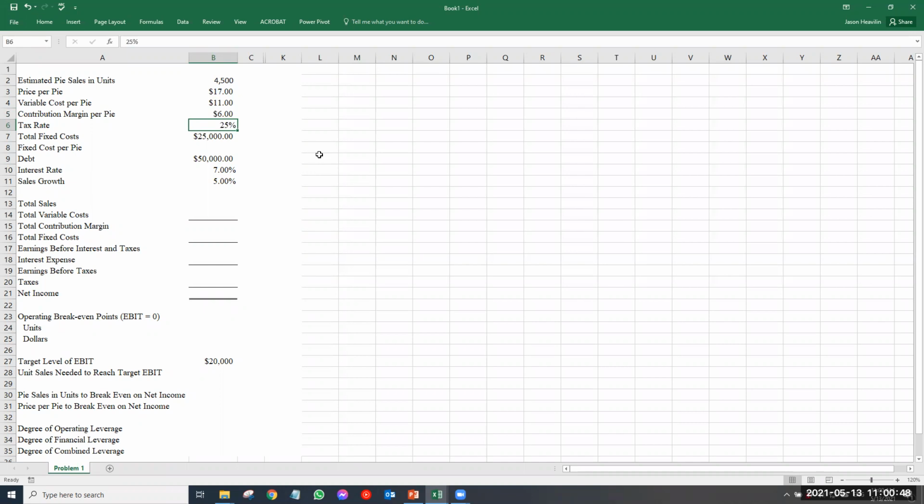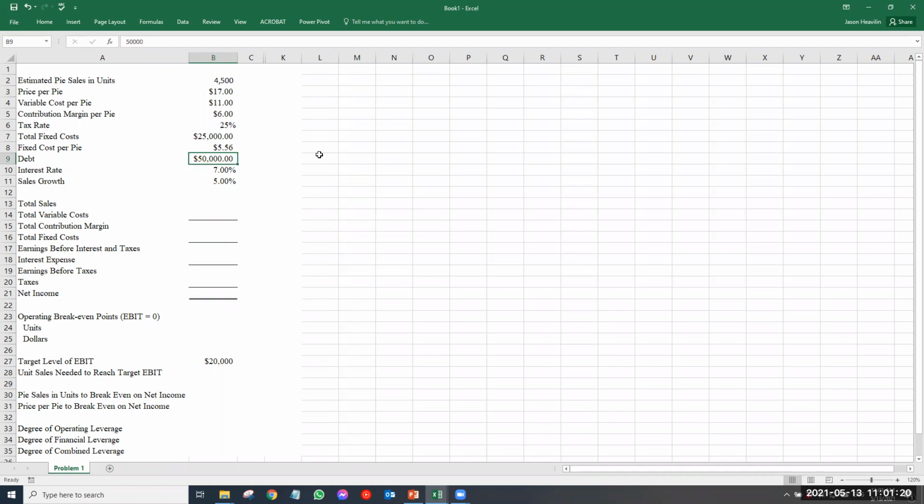Let's say the company has a 25% tax rate and a total fixed cost of $25,000. So we can now calculate the fixed cost per unit per pie. We take the total fixed costs divided by the estimated pie sales in units, and that gives us the fixed cost per pie.